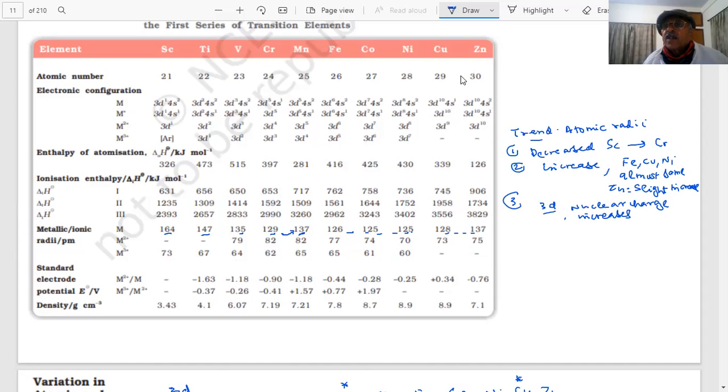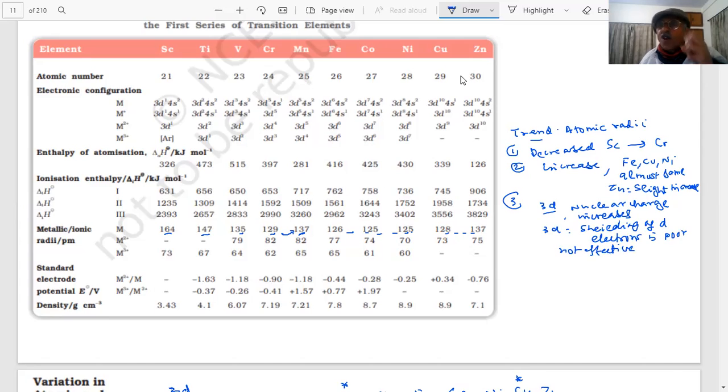But since the electrons are entering the d orbital, the important point is that the shielding by d electrons is poor, not that effective.